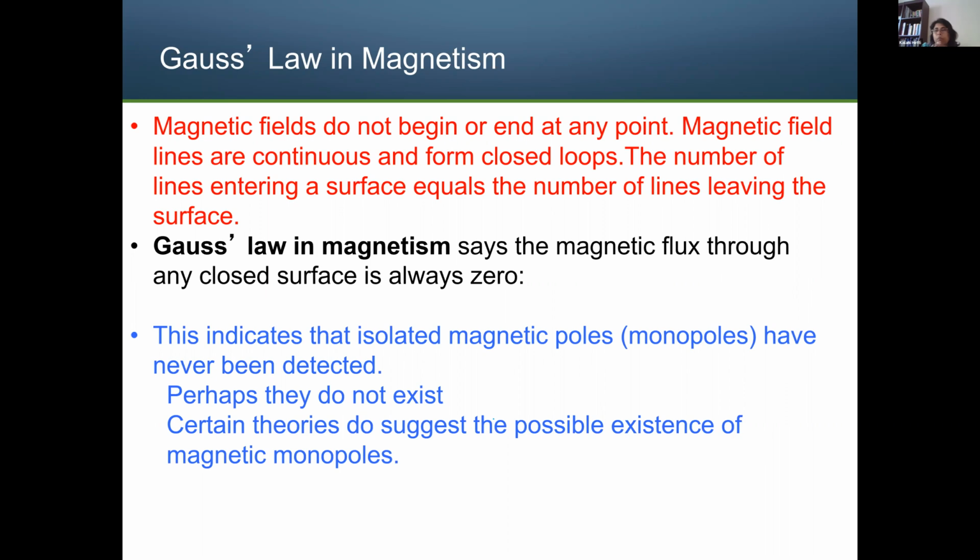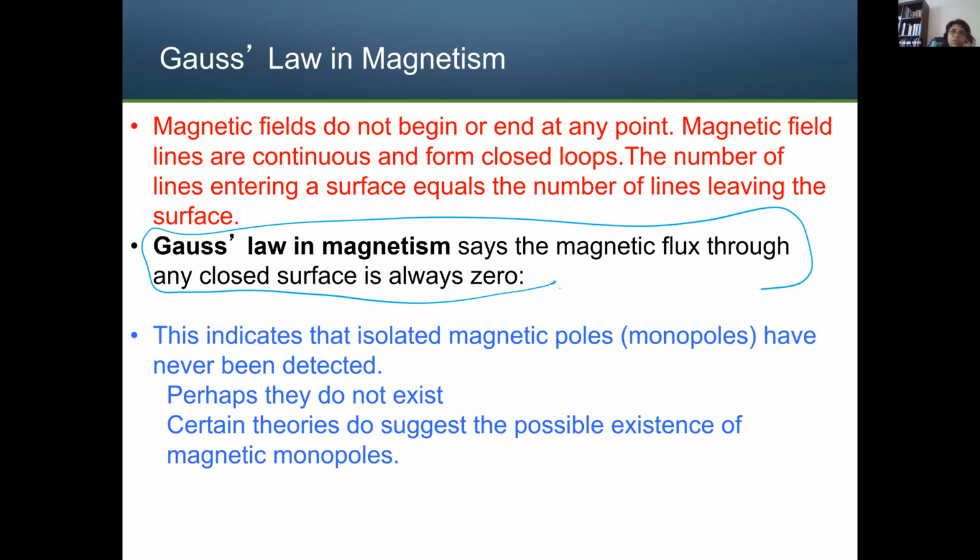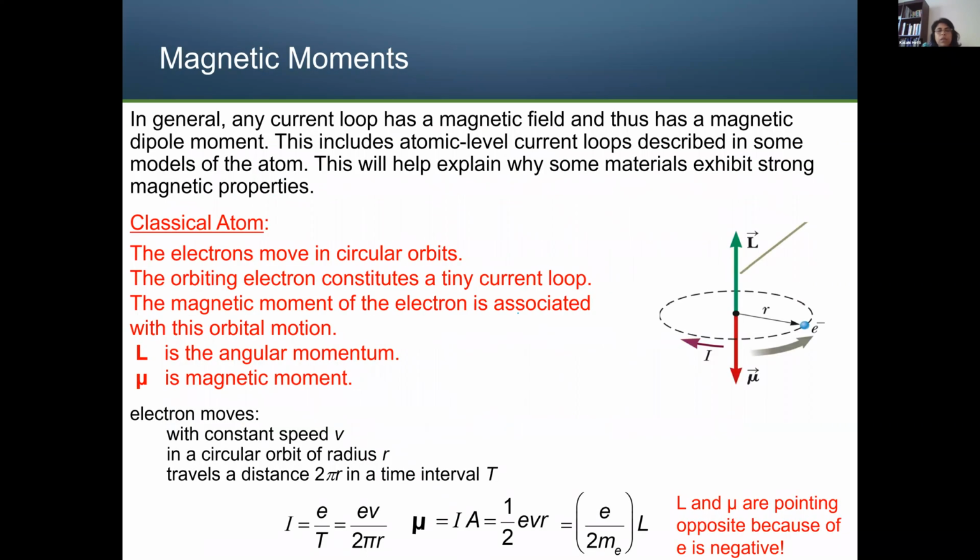So Gauss law in magnetism is saying that actually there are no monopoles. We already know that magnetic monopoles do not exist. Right? So that is the Gauss law of magnetism. There are no magnetic monopoles. That's what it is. Okay, Gauss law of magnetism.